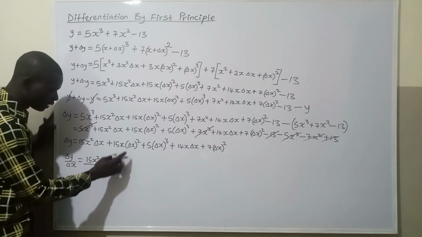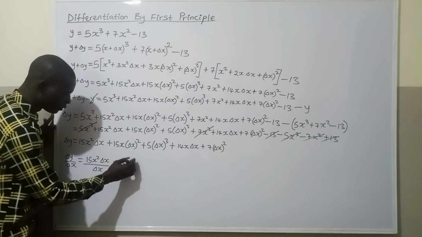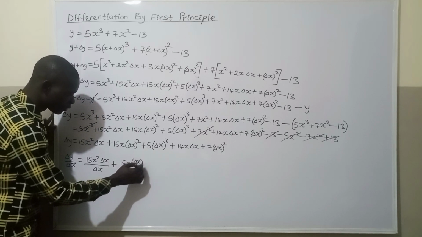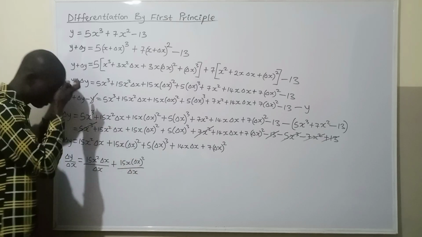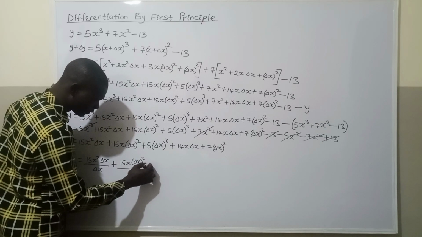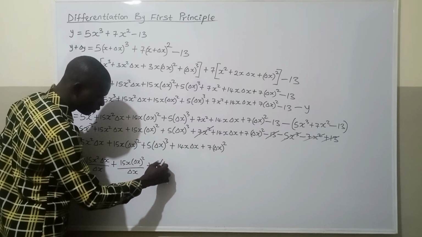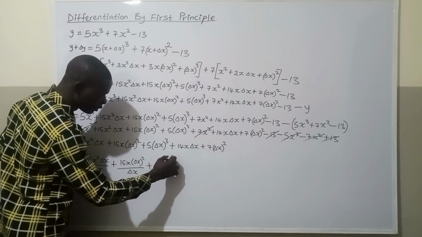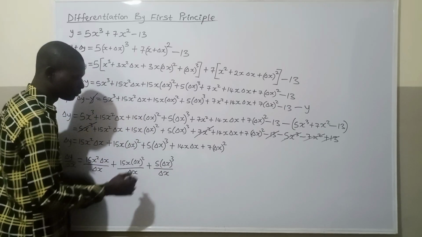And then plus the next one, 15x delta x squared, also divided by delta x. And then plus 5 delta x cubed divided by delta x also.